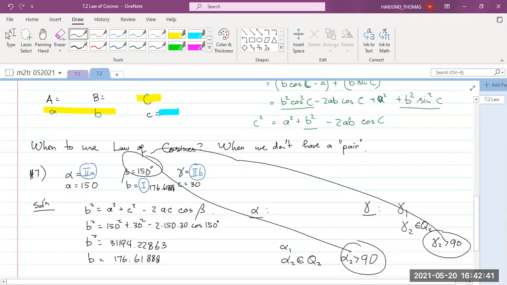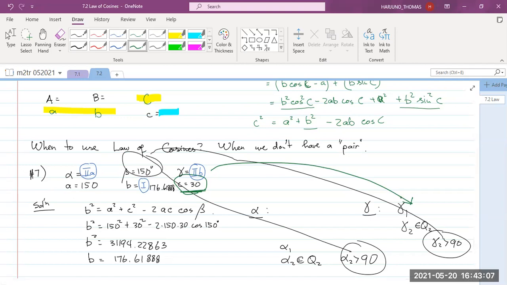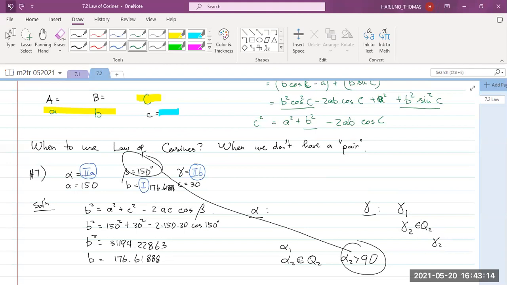Another reason that we can cancel gamma 2 is because gamma 1 corresponds to the shortest side. So for sure, gamma 1 is the answer, not gamma 2. Okay, this is the case where we will be able to cancel one of the two solutions we get, either when we do alpha first, or when we do gamma first. Now let me work it out. I show you one of them and then you will get the other one.